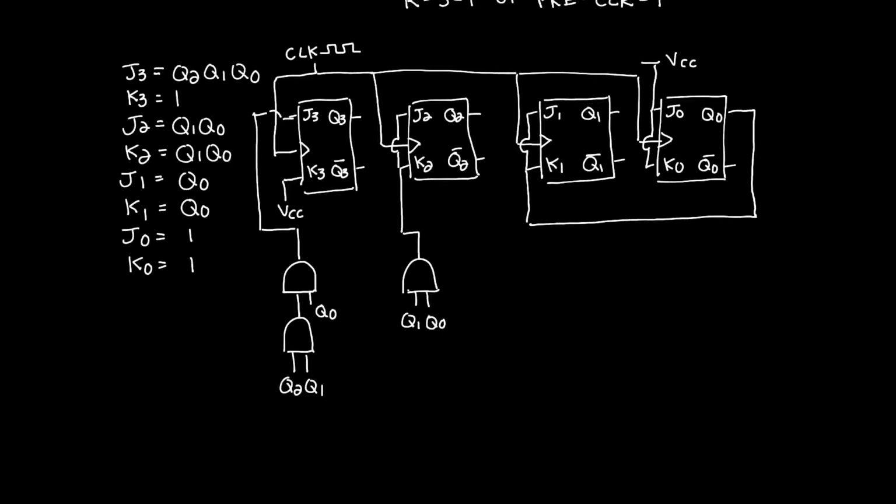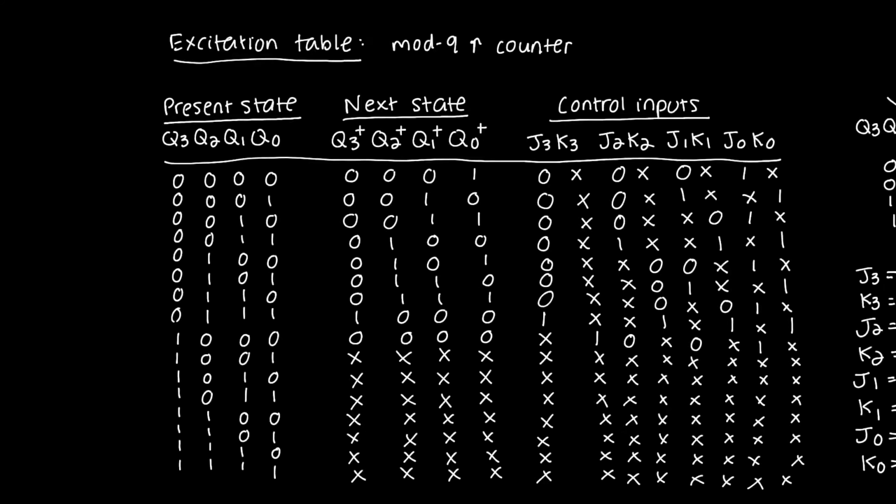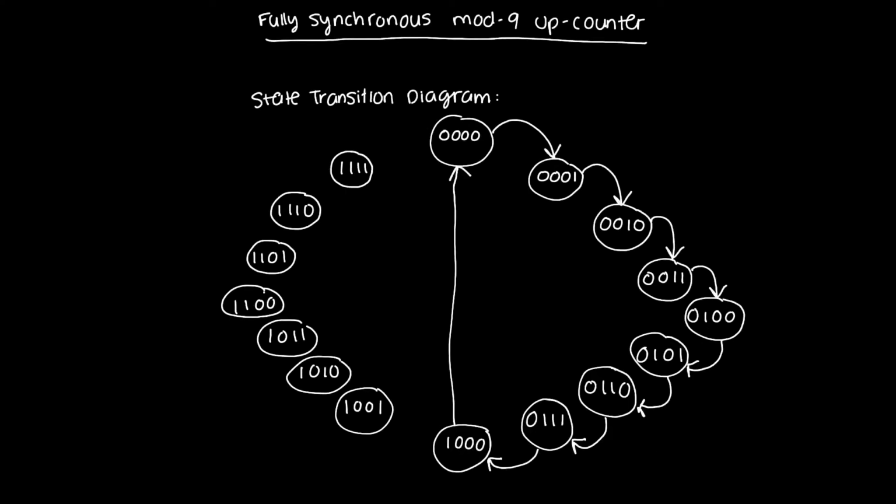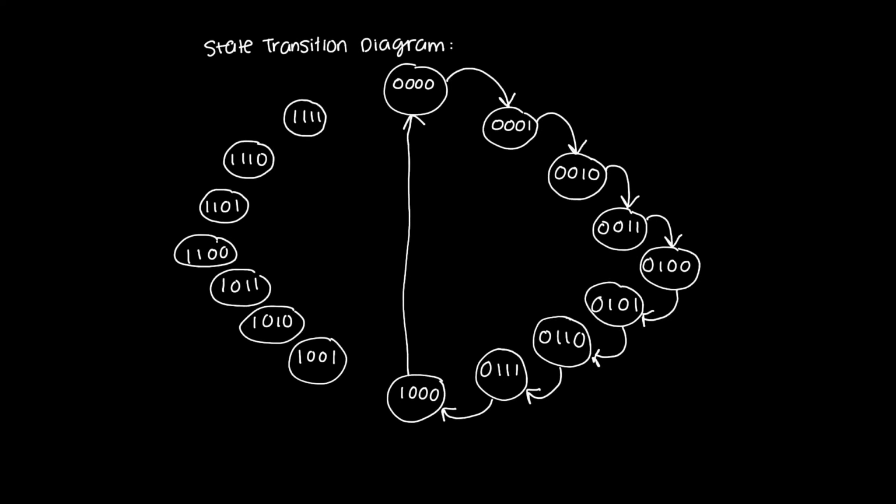However, there is one additional step that we need to take. As you recall, when we did the state transition diagram, we left it up in the air what we were going to do with all these invalid states. And we said, you know what, we don't care what the next state is going to be, because I want to simplify my logic expressions. But like we've been saying this whole time, when you power on a flip-flop, it's not deterministic.